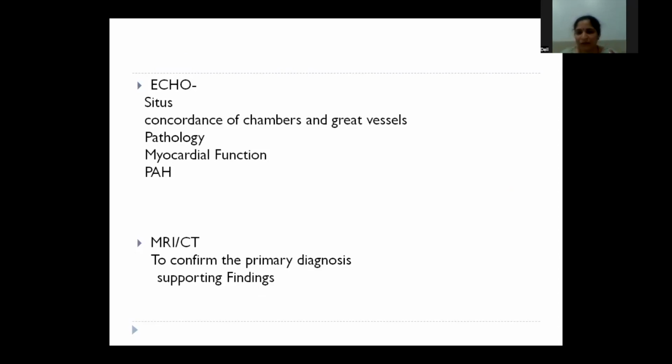Regarding the pathology, presence of pulmonary artery hypertension and myocardial function is very important, whether your patient has good myocardial function and contractility, or depressed myocardial function. Some patients have undergone MRI and CT for the detailed diagnosis of their condition, and we have to go through all these investigations.